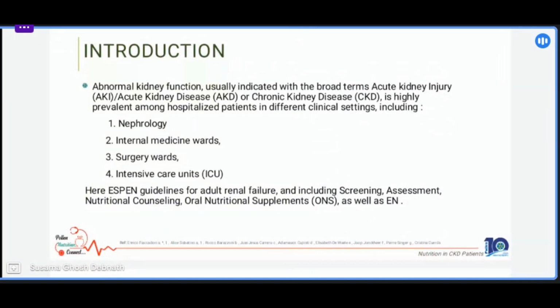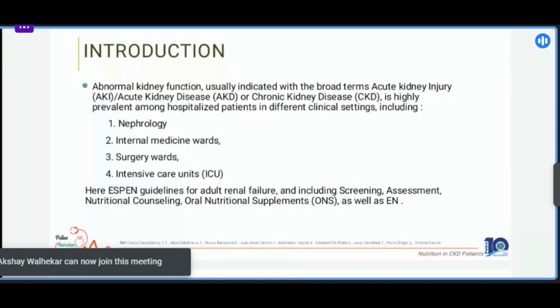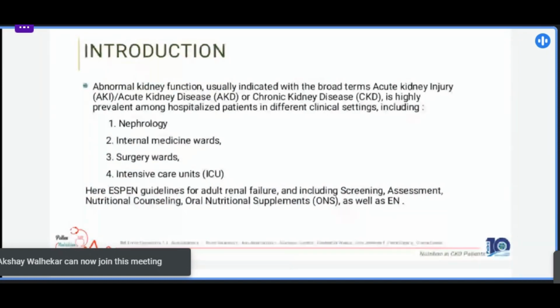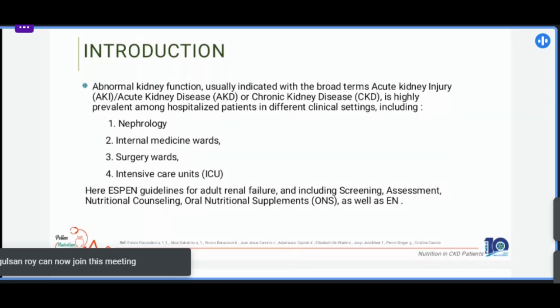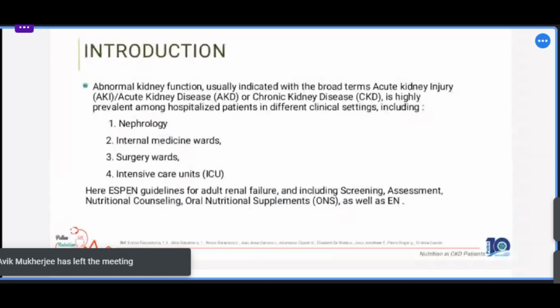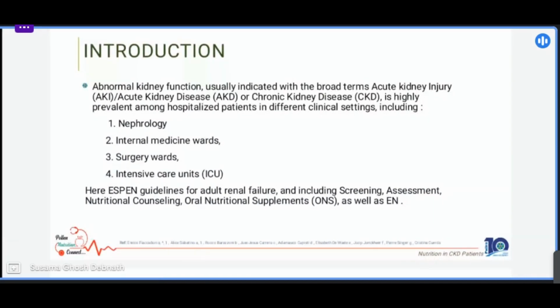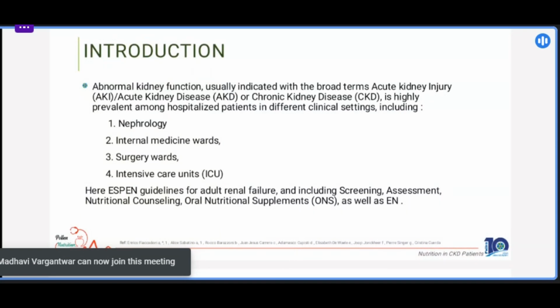Abnormal kidney function is usually indicated with the broad terms acute kidney injury, AKI as we used to call it, or acute kidney disease, or chronic kidney disease, CKD. It's highly prevalent among hospitalized patients in different clinical settings, like nephrology, and we find these patients in the internal medicine ward, surgery ward, or intensive care units.